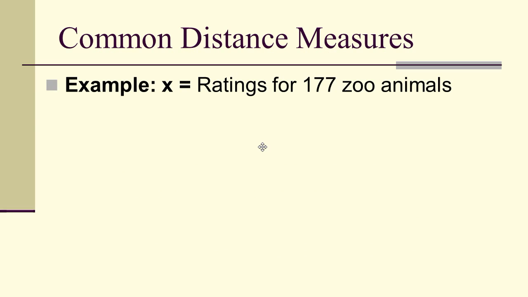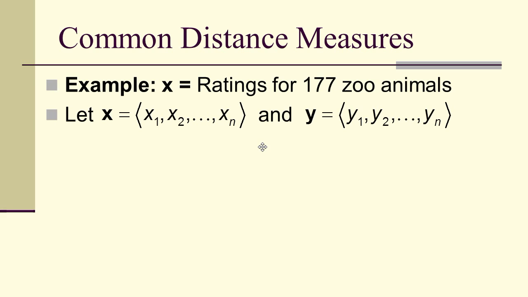For example, suppose X is ratings for 177 zoo animals. And let's suppose that we have two such observations. And so we have X is x1 to xn, where the little n is 177, and Y is y1 to yn, where little n is 177.